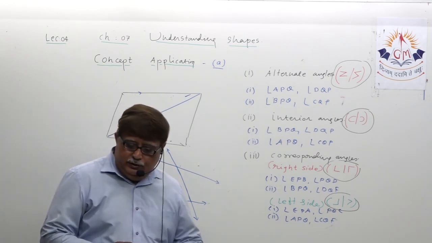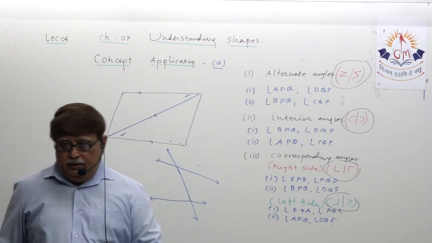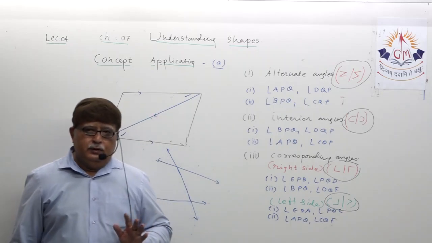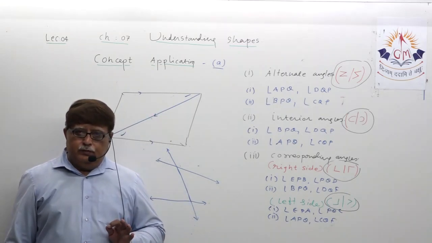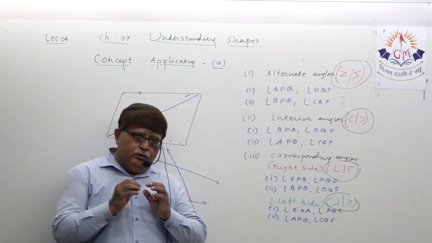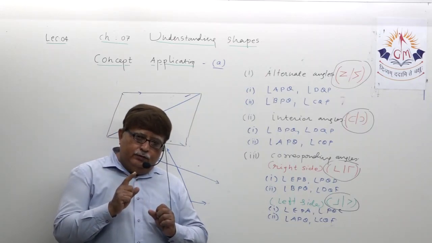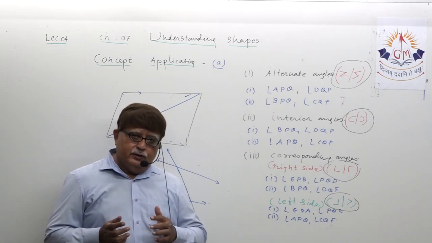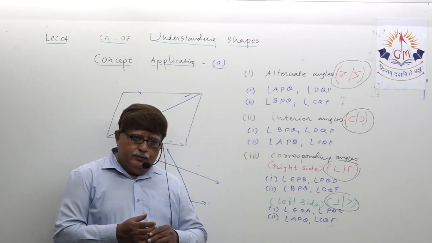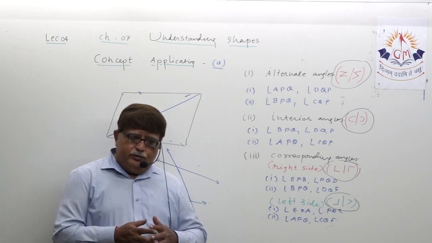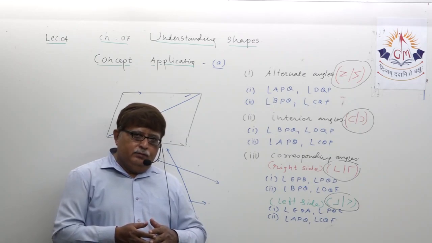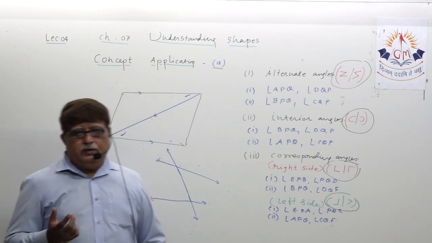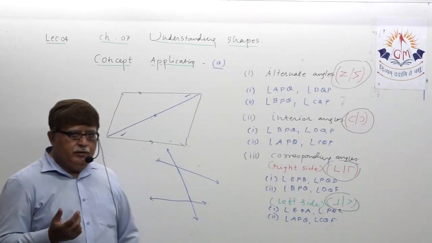Understood? You should be able to name any types of angles from the given diagram. As far as the later part of the chapter is concerned, we need two concept applications very clear in your mind.